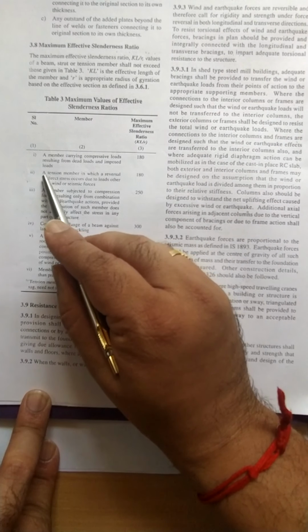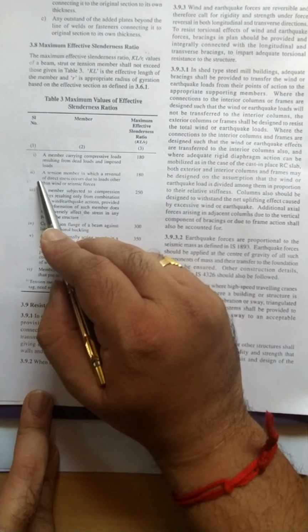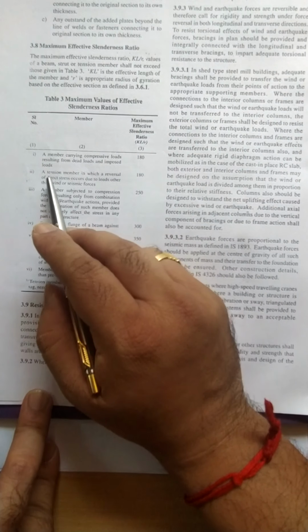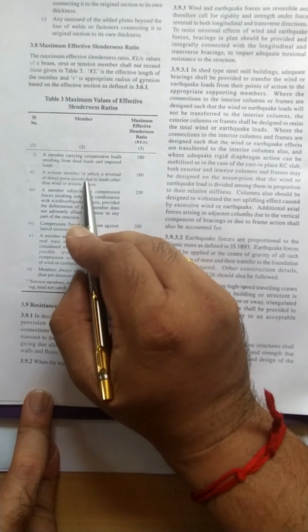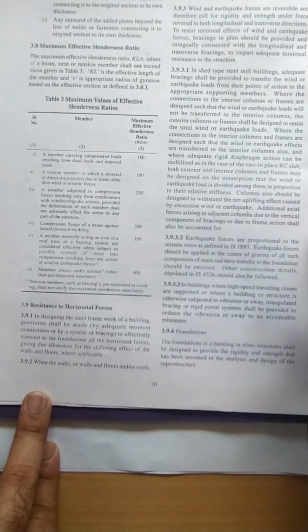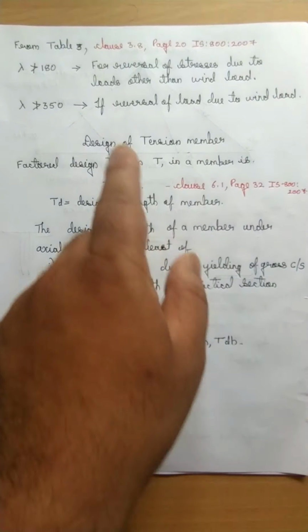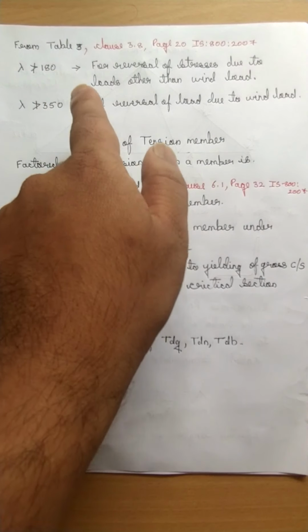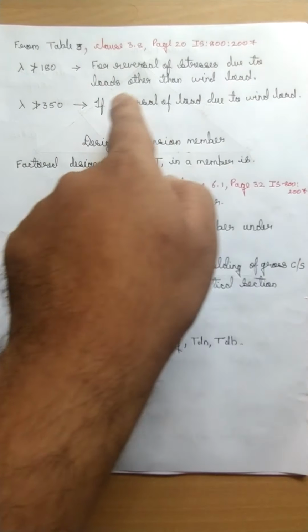The first point, serial number 2, is a tension member in which a reversal of direct stress occurs due to loads other than wind or seismic forces, which is 180. So I have written here: not more than 180 for the reversal of stresses due to loads other than wind and seismic load.